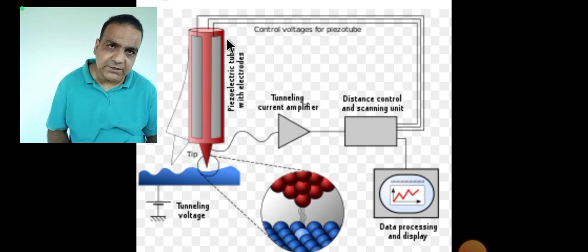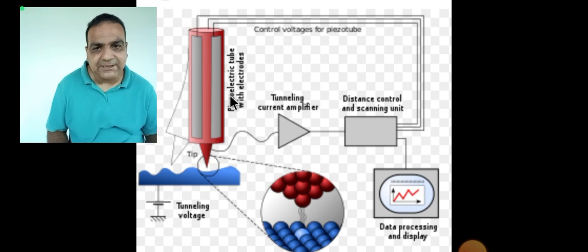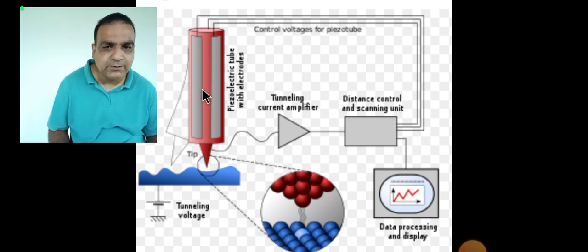The very first important point about this STM is that it starts with an electron source that emits a beam of high energy electrons, and the electron source is typically a sharp metallic tip known as a probe, or simply tip, made from conductive materials. Most probably it's made of tungsten.